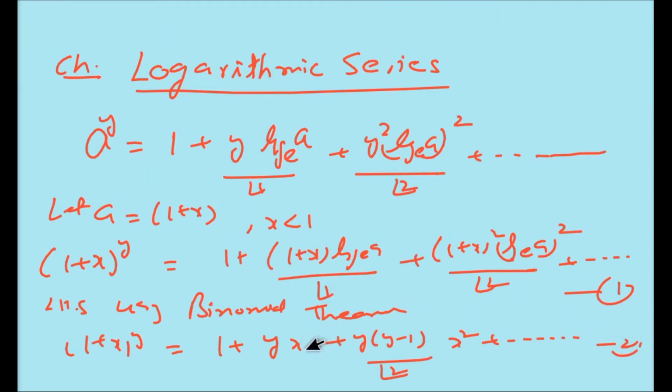What are we going to compare? We are going to compare the coefficient of y. Here the coefficient of y is x, and when we open this, the coefficient of y is minus y here, that is minus x square upon factorial 2. Here is y square and minus y. I am asking you about minus y. So the coefficient of y is minus x square upon factorial 2.